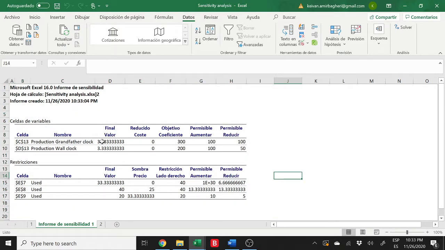You see guys, these are the values for the variables and for our constraints. It creates this report in these two forms.